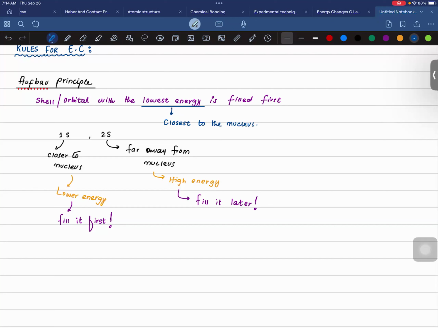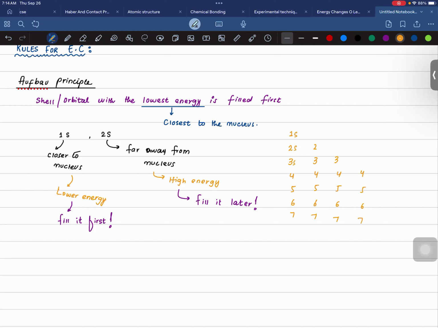So how can you decide which one is having the lowest energy and which one is having the highest energy? So you can see over here 1, 2, 3, 4, 5, 6, 7; 2, 3, 4, 5, 6, 7; 3, 4, 5, 6, 7; 4, 5, 6, 7.